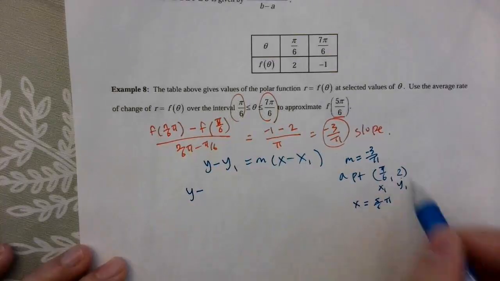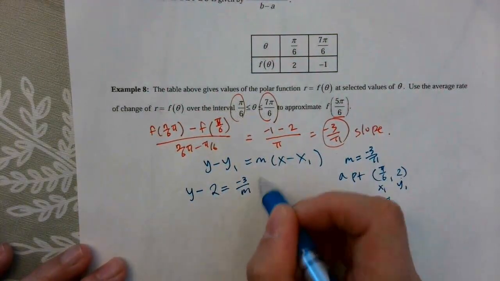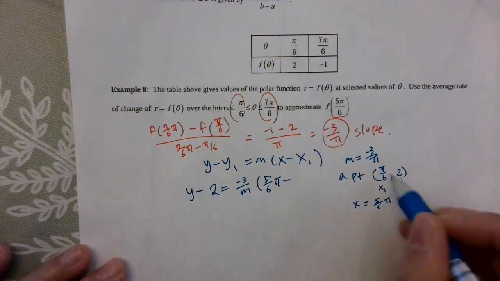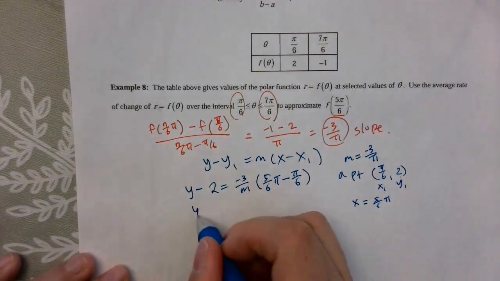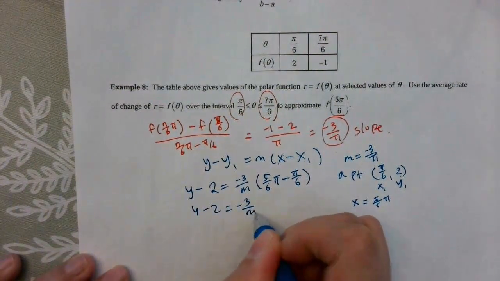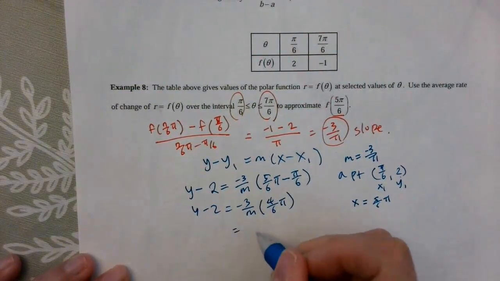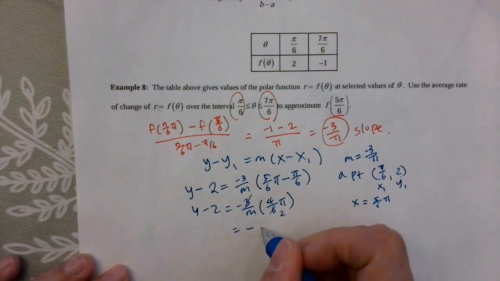y minus, what's y1? 2, equal to the slope m, -3 over pi, times x, 5/6 of pi, minus x1, pi over 6. y minus 2 equals -3 over pi times 4/6 of pi. Let's multiply, that'll be negative 2.